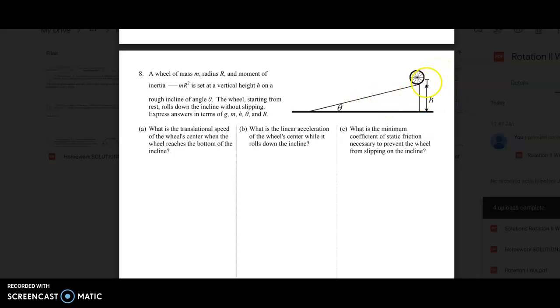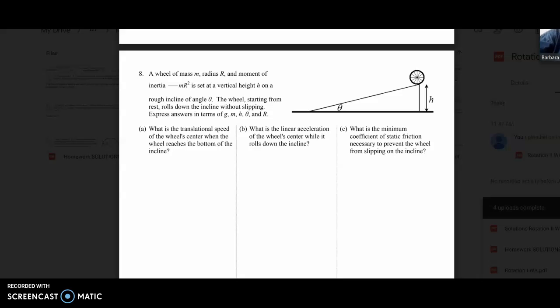If those two along the plane balance and there is no acceleration for the wheel with respect to the plane, then it is not slipping. Think about it. If the wheel accelerates with respect to the plane, then it's slipping. So for this, sum of F equals ma on the wheel.